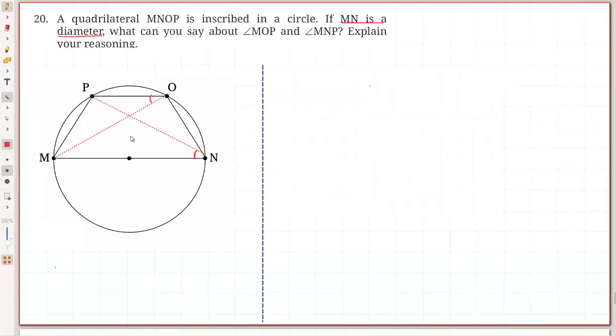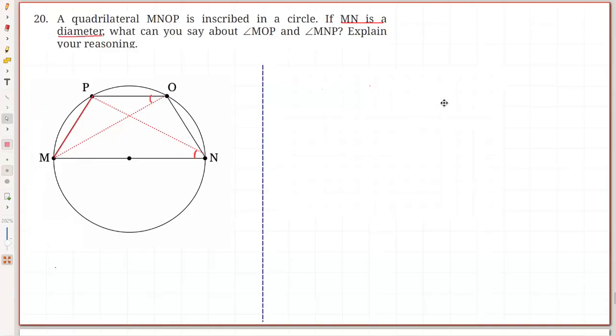We know that angles in the same segment are equal. Now we can consider MP as the same segment for these two angles. So I can say MOP is equal to MNP. Angles in the same segment are equal.